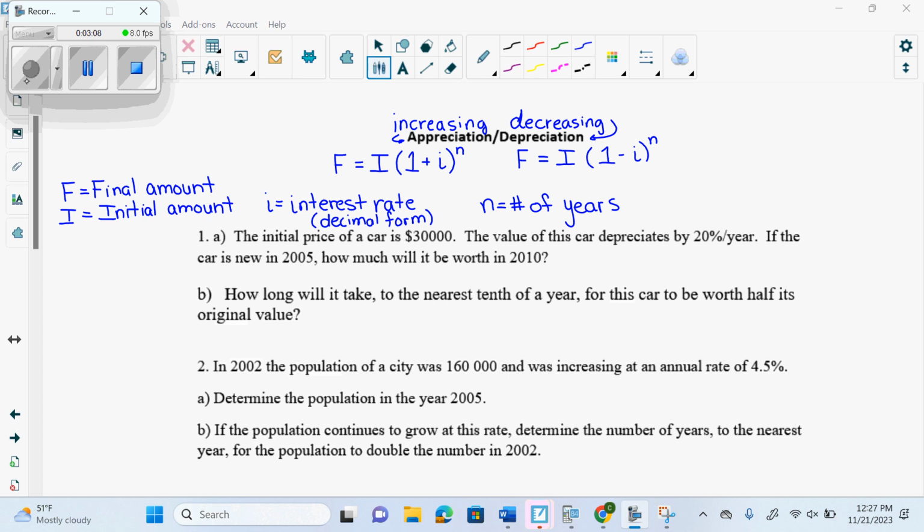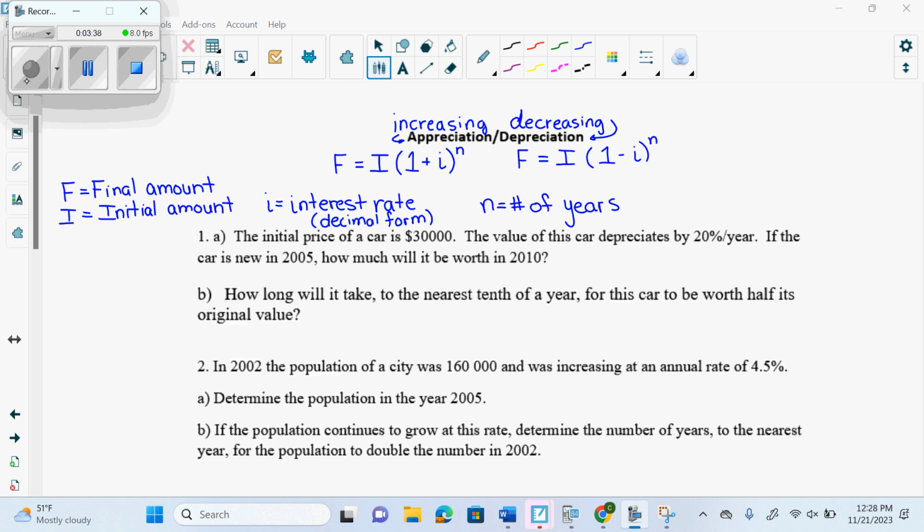It's the same, neither increasing nor decreasing. Say I had 7 fish. I have 100% of 7, so I have 7 fish. If I go above 100, I'm increasing; if I go below 100, I'm decreasing. That's why we do 1 plus the interest rate and 1 minus: the 1 is 100% in decimal form, and then I add the interest rate in decimal form. Or if I'm decreasing, I take 100% in decimal form, which is 1, minus the percent.